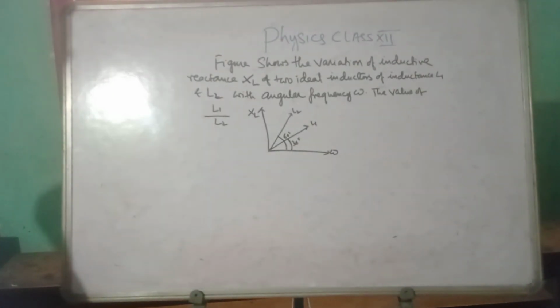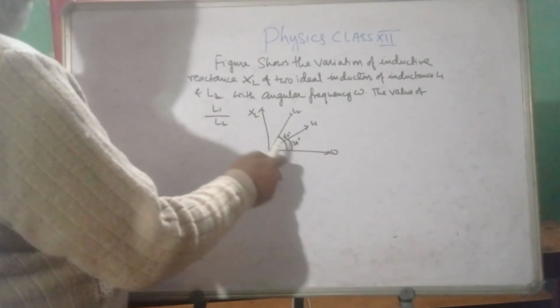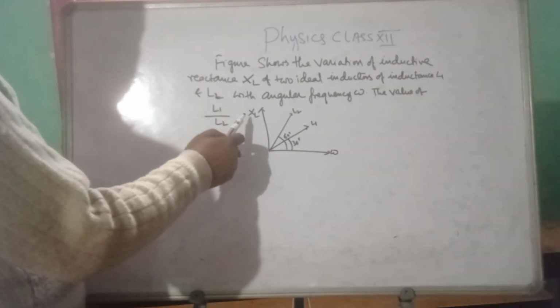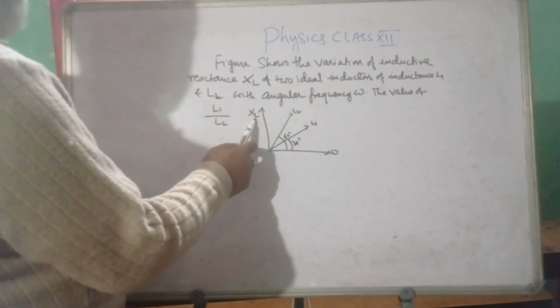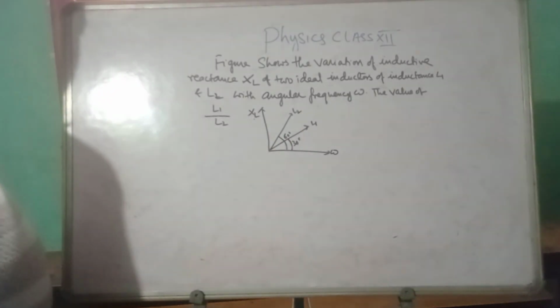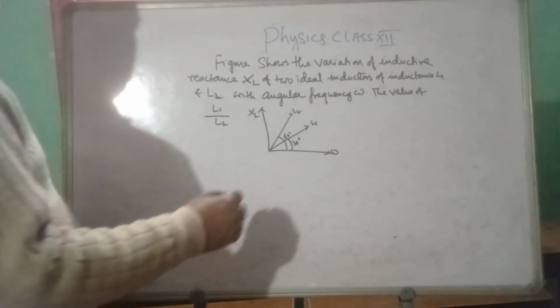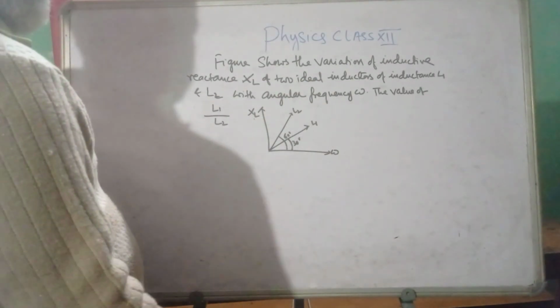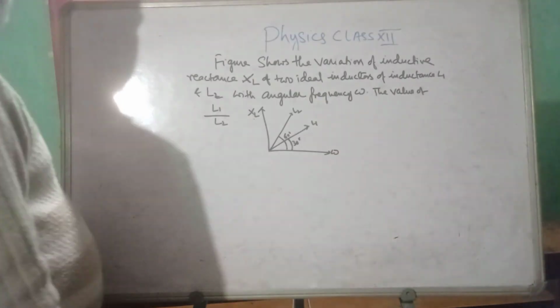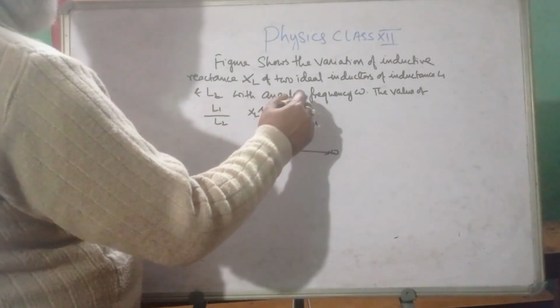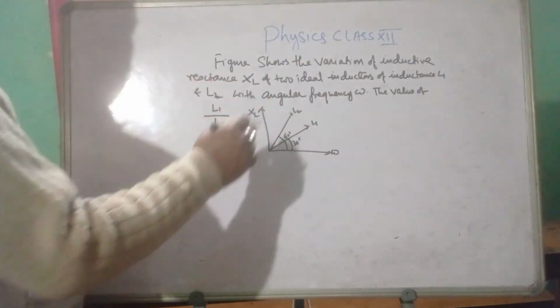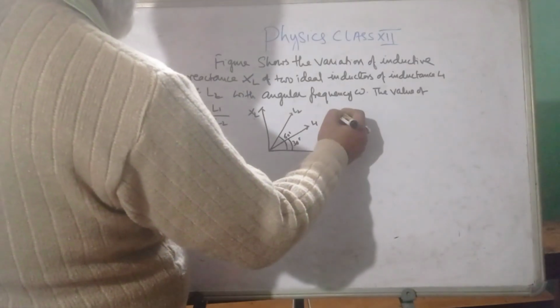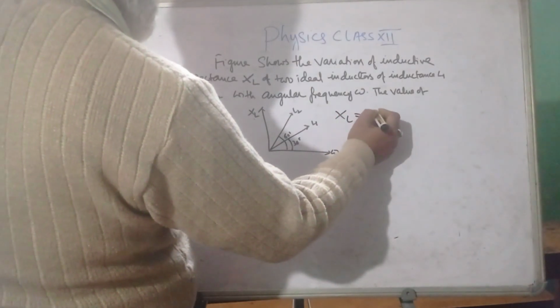Now here is a figure, this is the graph of the relation between inductive reactance and angular frequency. And we know that for an inductor, the relation between inductive reactance XL and angular frequency is XL is equal to L omega.